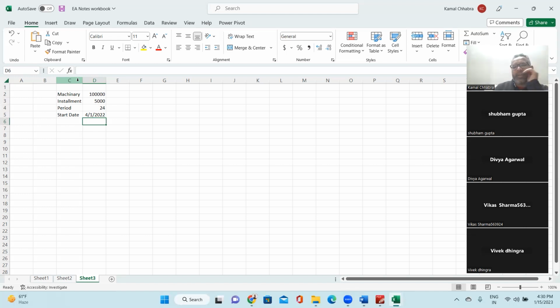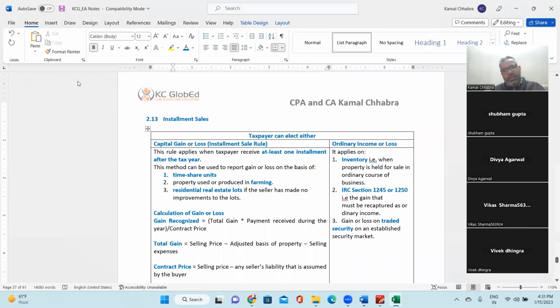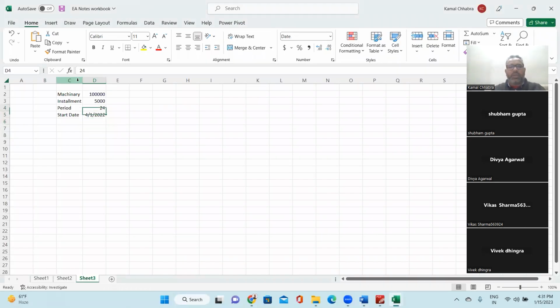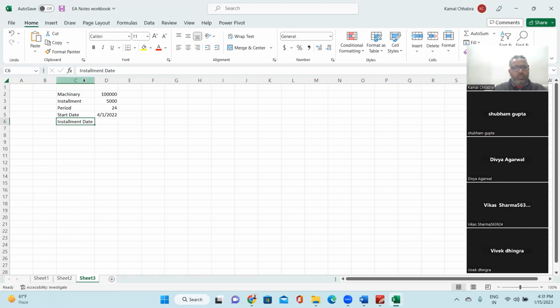So in this scenario, what will be the capital gain and how do you calculate the capital gain for year 1? In year 1, the start date is April, the first installment date, at the end of the month. Right?